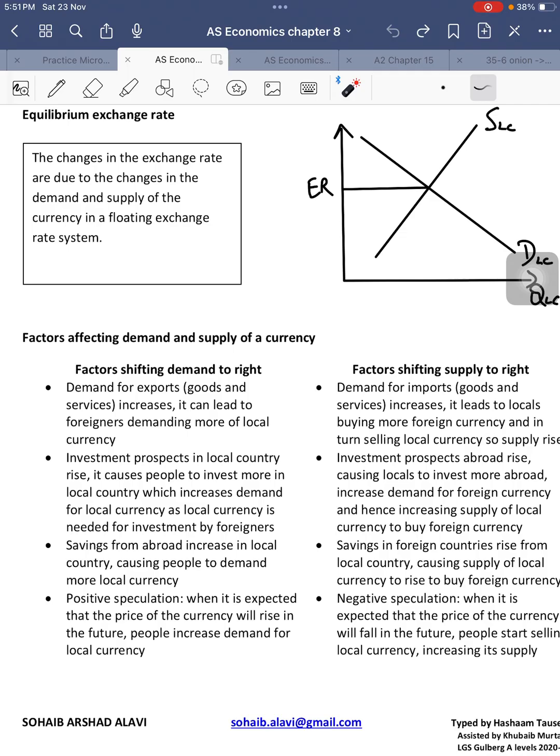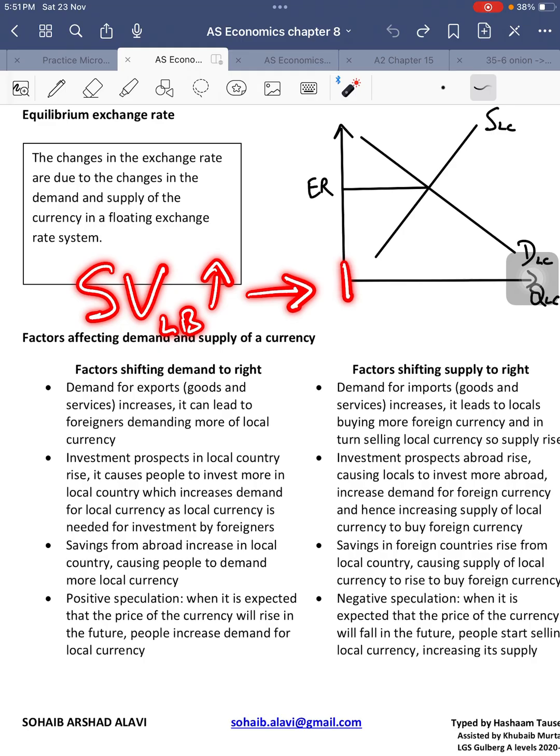They'll obviously save money in Pakistani rupees, right? So if the demand for savings in local banks has increased, that means they'll first have to buy our currency in order to save in our banks, which means the demand for the local currency will rise. This is the third factor.